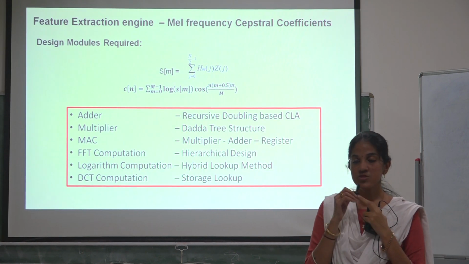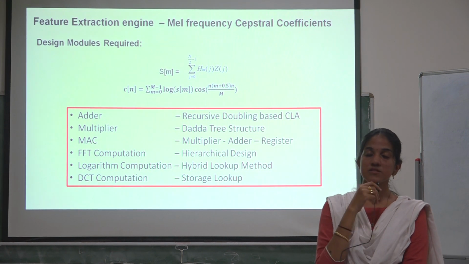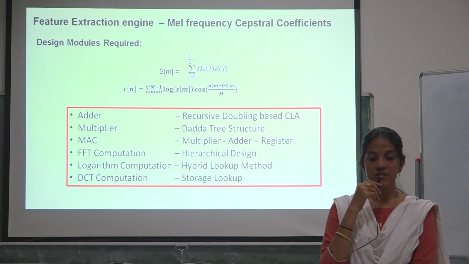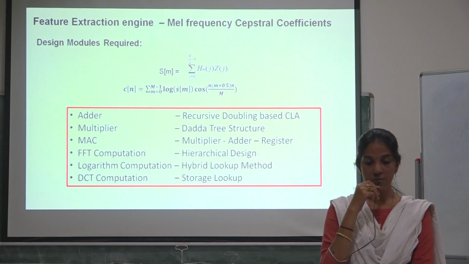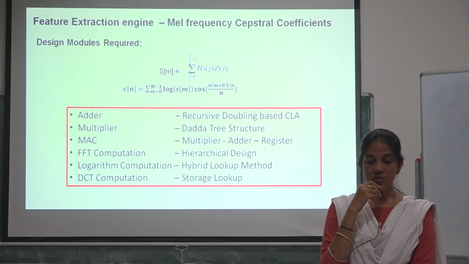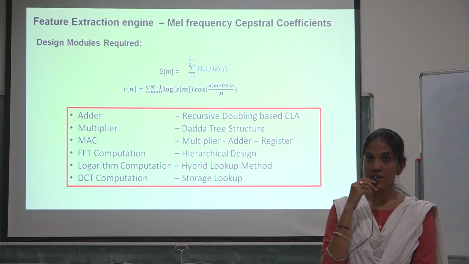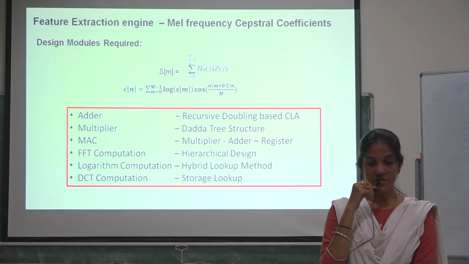So for the implementation of the entire discussed system, the submodules or design modules required are, if we observe the equation S of M, it is summation and multiplication, something like sum of products. And even the C of N is also something like sum of products. So for this, we need to have a MAC run over 0 to N by 2 minus 1 times.